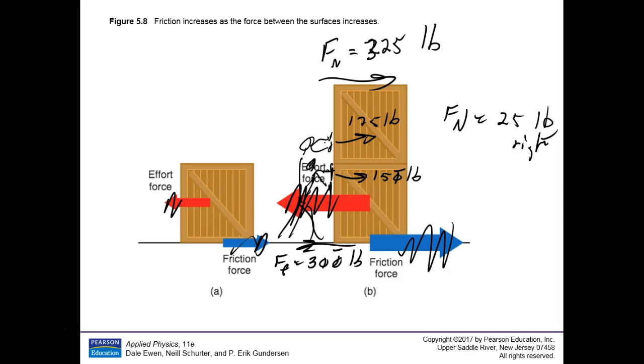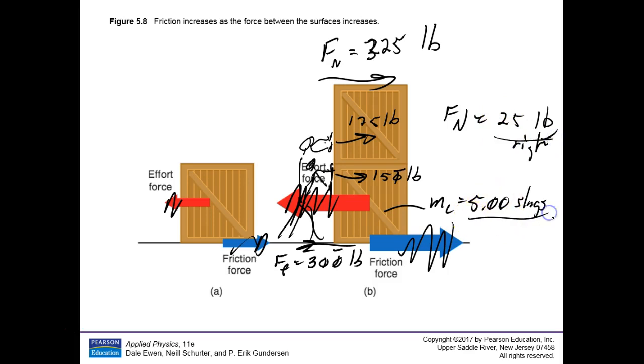Now, the crate in example 2 has a mass of 5.00 slugs. Okay? So the mass of this crate, 5.00 slugs. Okay? What is the acceleration when the workers are pushing against the frictional force? Well, the net force is 25 pounds, right?